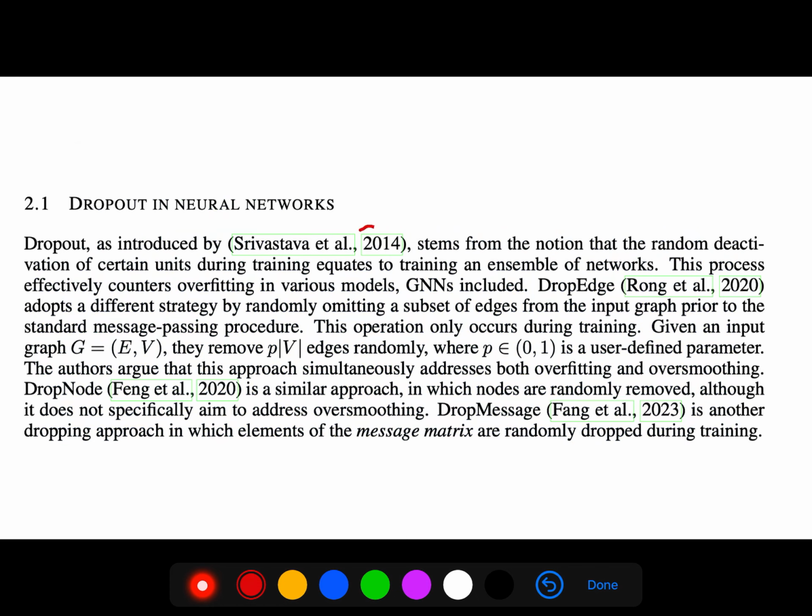Dropout, introduced in 2014, stems from the notion that the random deactivation of certain units during training equates to training an ensemble of networks. And this process effectively counters overfitting in various models.